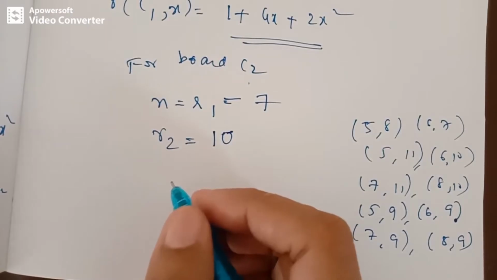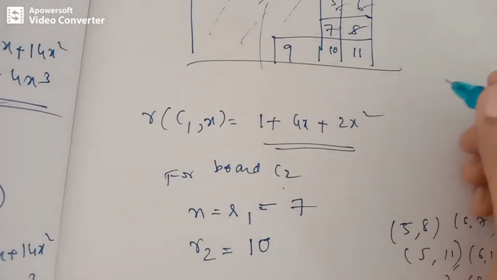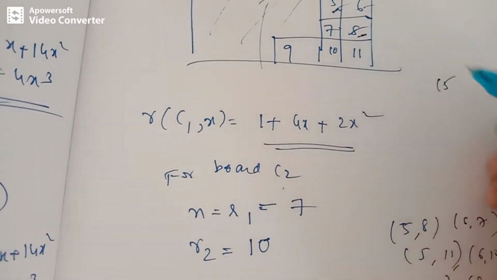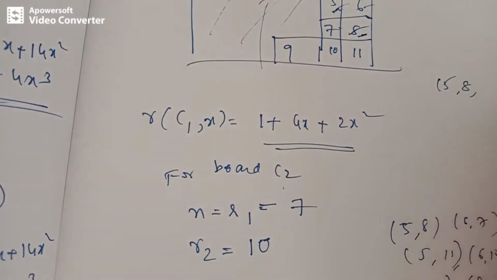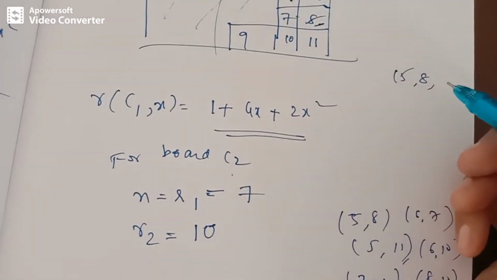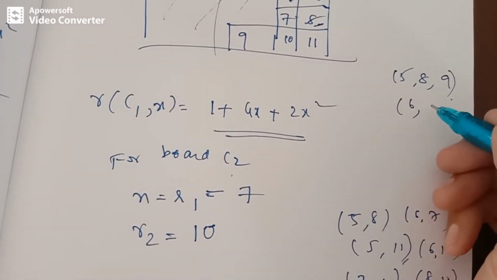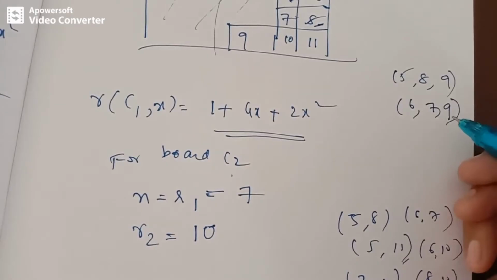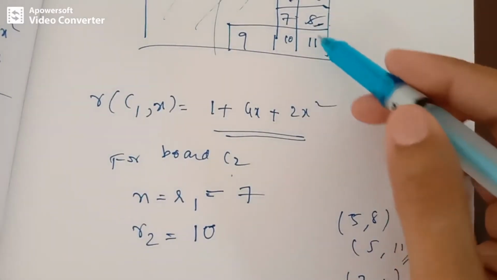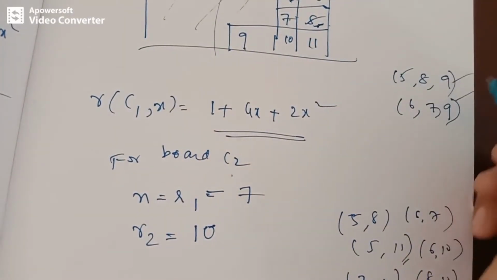Let's find 3 non-capturing rooks. Can we have 3 non-capturing rooks? One rook can be placed here, the second can be placed here, and the third can be placed in this position. Likewise, I can have 6, 7 and 9. Can we have any others? No, there are just 2 in number.